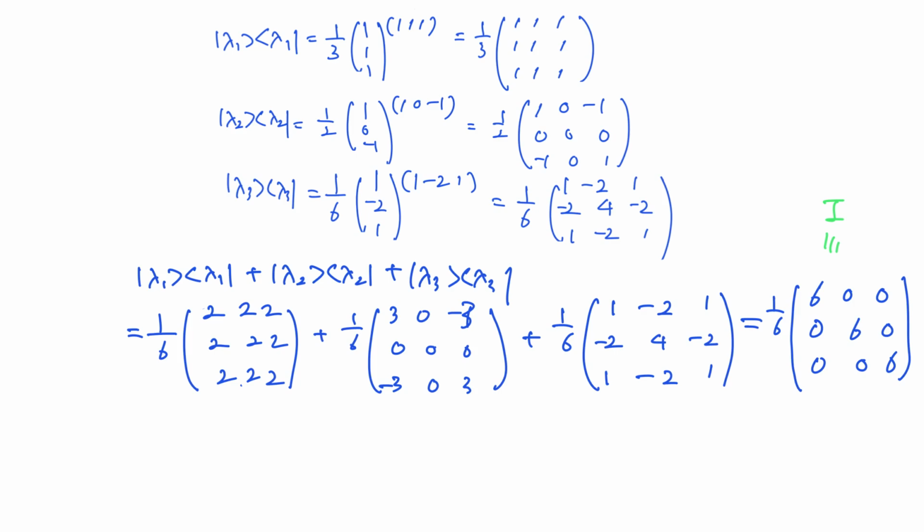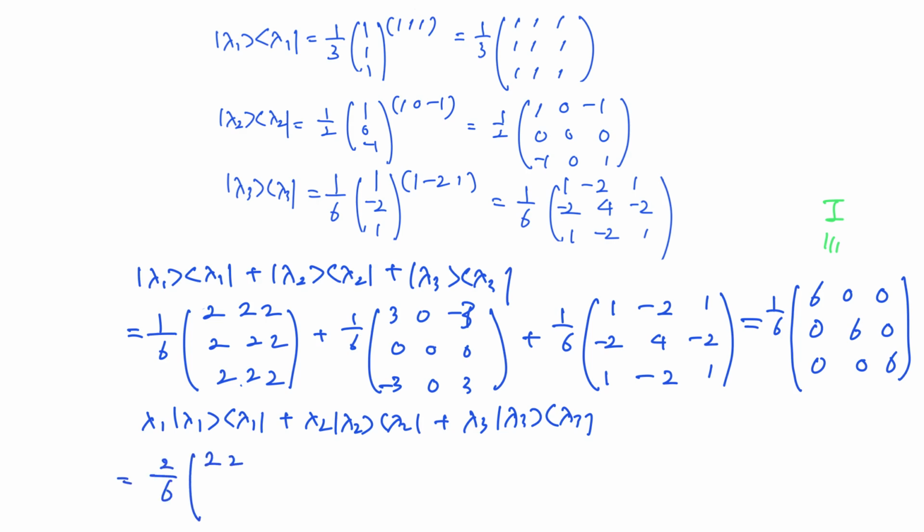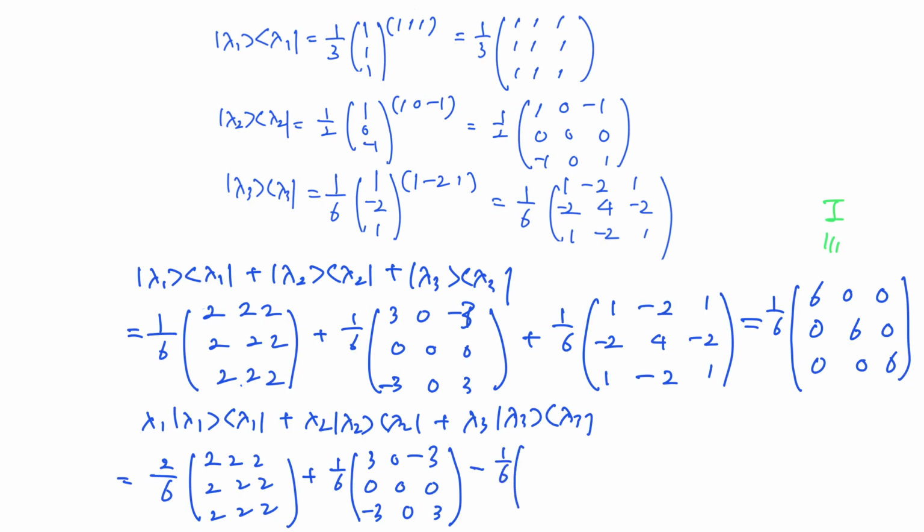Let me check. Lambda 1 times its projector, plus lambda 2 times its projector, plus lambda 3 times its projector, which is 2 over 6 times the matrix of 2s, plus 1 over 6 times 3, 0, minus 3, 0, 0, 0, minus 3, 0, 3, minus 1 over 6 times 1, minus 2, 1, minus 2, 4, minus 2, 1, minus 2, 1.